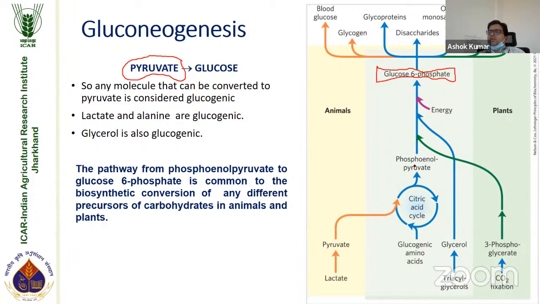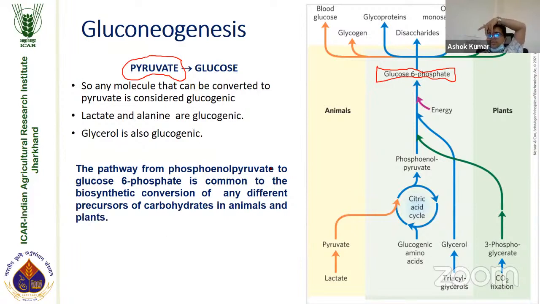Gluconeogenesis is performed in the cytosol, or in plants in the chloroplast. Glycolysis is also performed in the cytosol, but the later portion, like oxidation of pyruvate, is performed in the mitochondria.